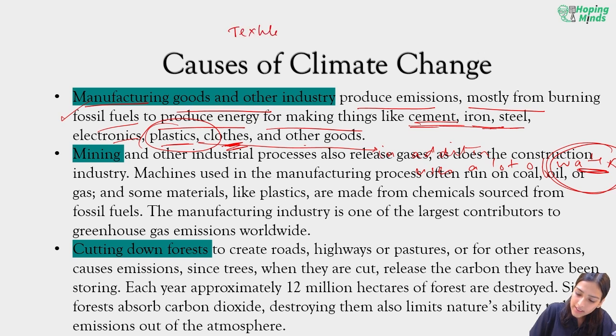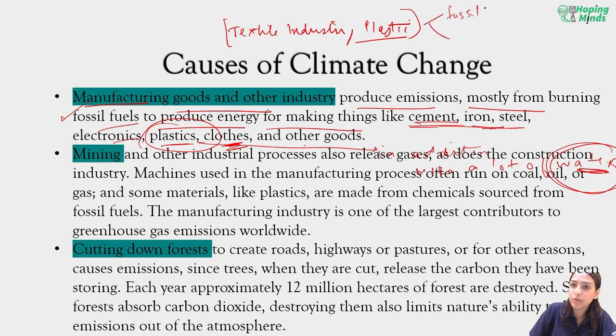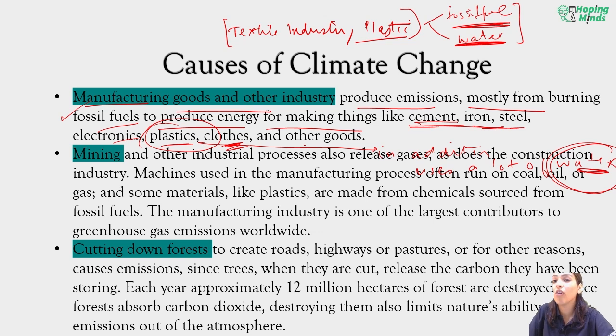The textile industry and the plastic industry, these two not just use a lot of fossil fuel but also a lot of water. So they consume a lot of natural resources, which are non-renewable, leading to a lot of climate change. So what can we do?